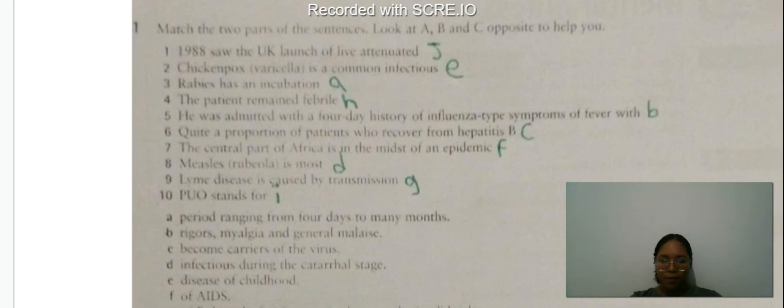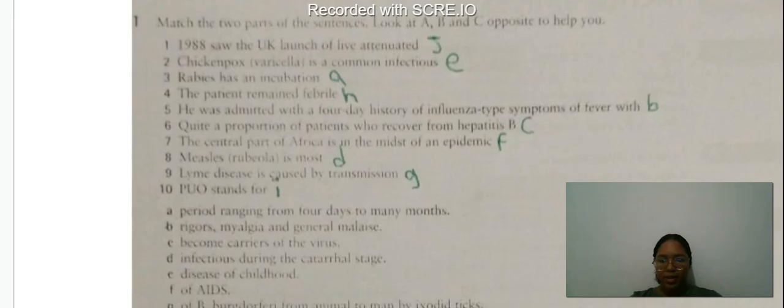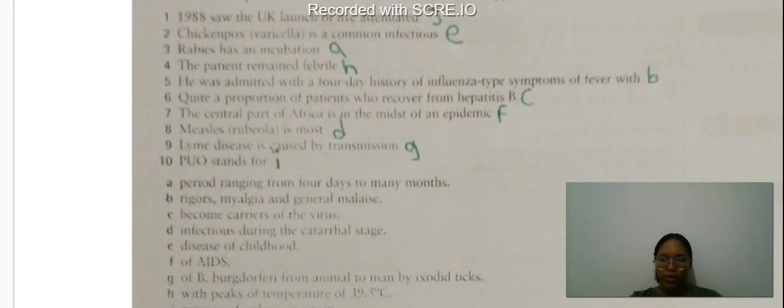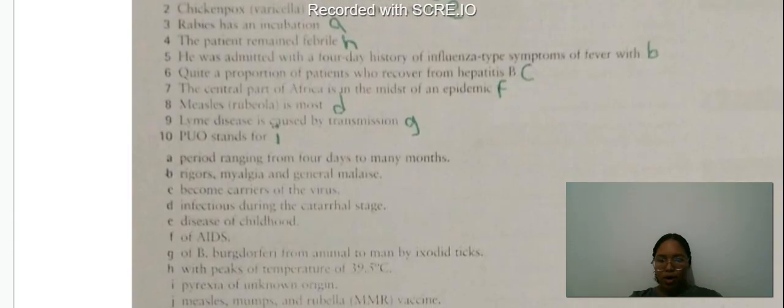The central part of Africa is in the midst of an epidemic F. of AIDS. 8. Measles and rubella are most D. infectious during the catarrhal stage. 9. Lyme disease is caused by transmission G. of Borrelia burgdorferi from animal to man by ixodid ticks. 10. PUO stands for I. pyrexia of unknown origin.